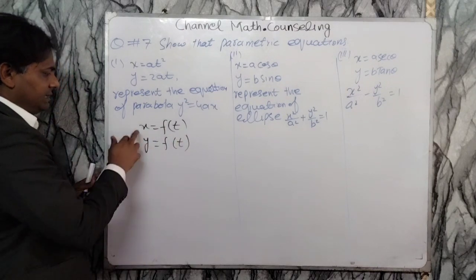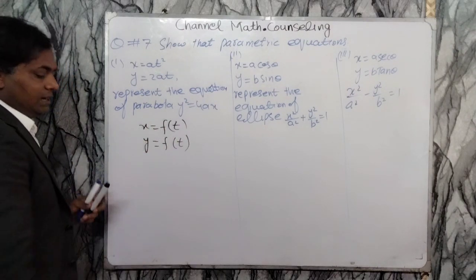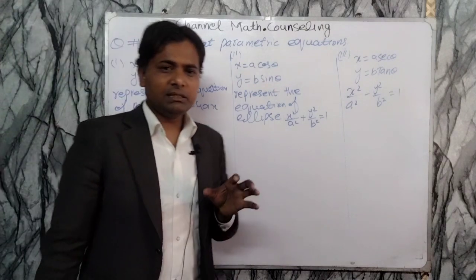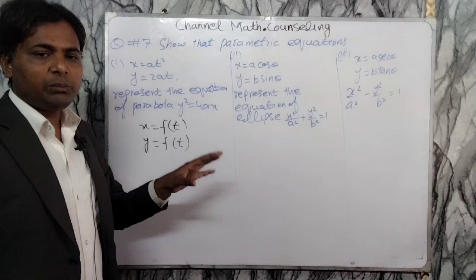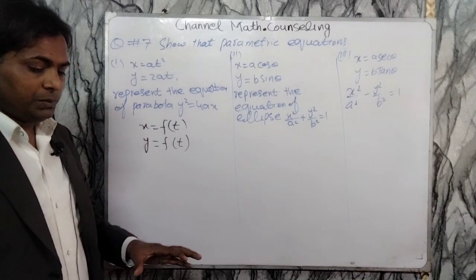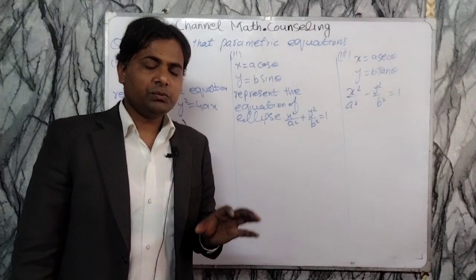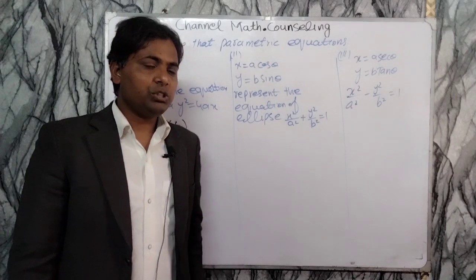Here x is the function of t and y is also the function of t. In this case, these two functions are representing two parametric equations. So I hope you got my point, which ones are the parametric equations.